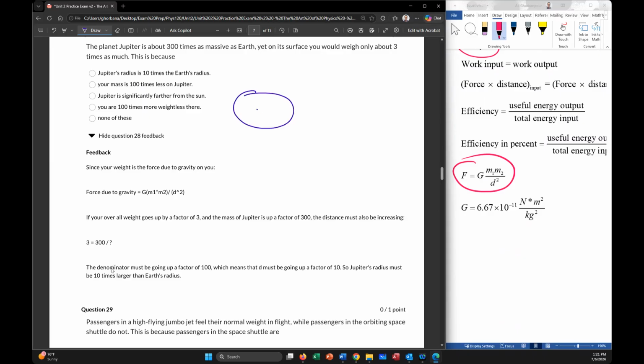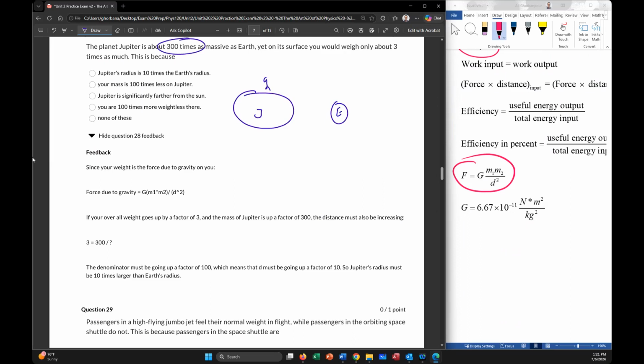Let's say this is Jupiter, yes? This is Earth, yes? The Jupiter, how many times bigger? 300 times, yes?